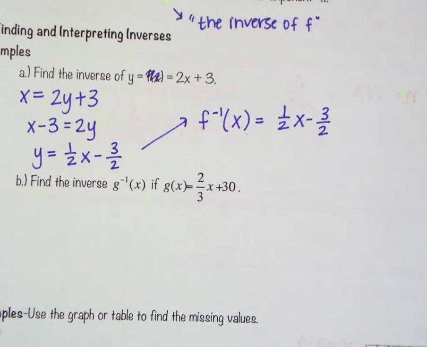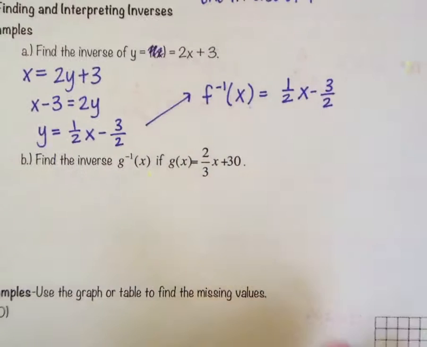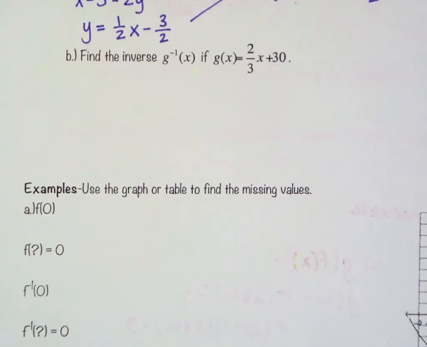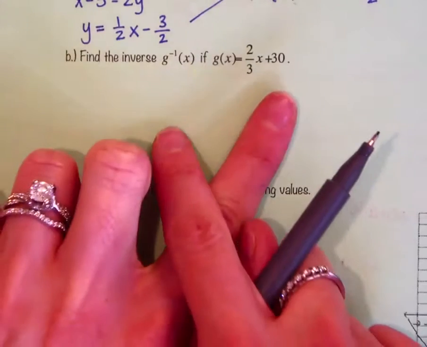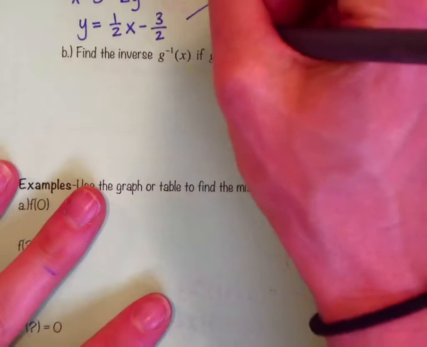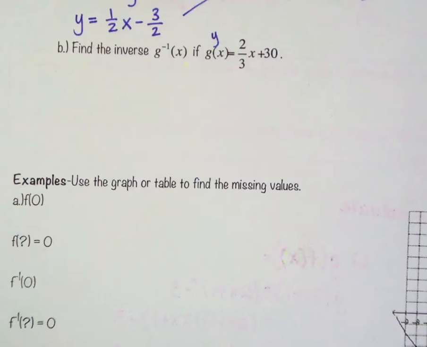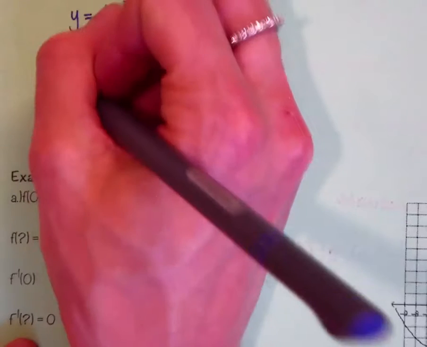And when the input is negative 6, the output is negative 4. So again, these are inverses. The input of one is the output of the other, and vice versa. Okay. All right, you guys work on using that notation with this table.